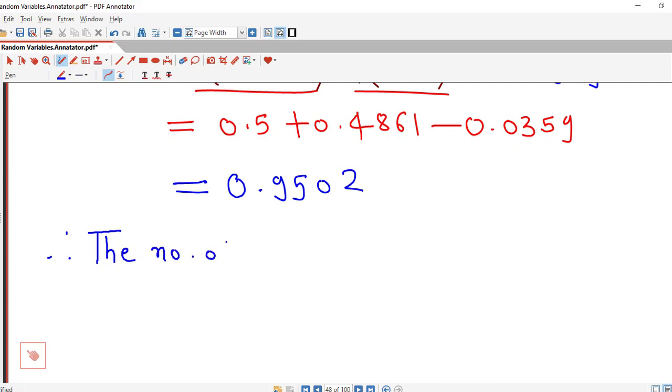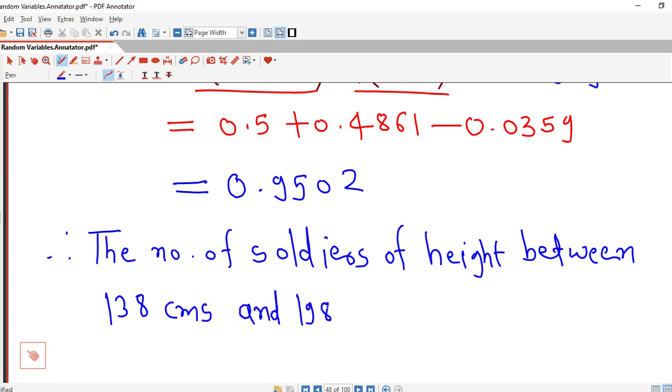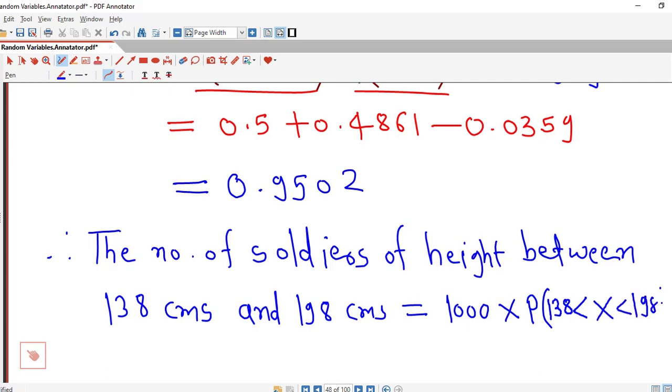Therefore the number of soldiers of height between 138 centimeters and 198 centimeters will be equal to 1000, that is the total number of soldiers, times the probability that X lies between 138 and 198.